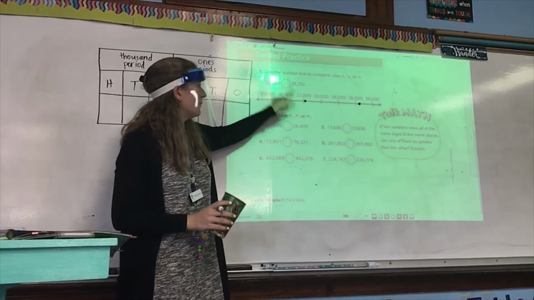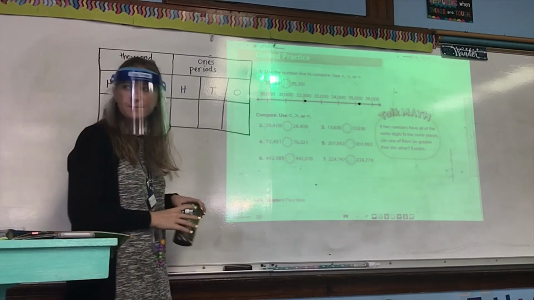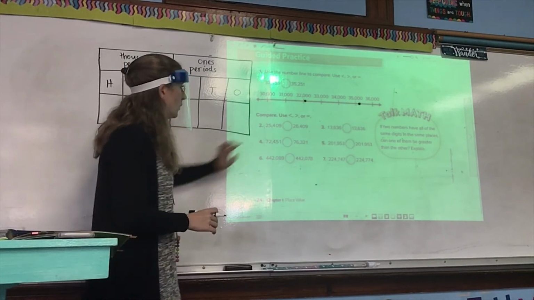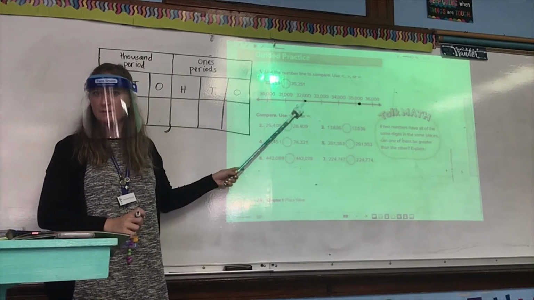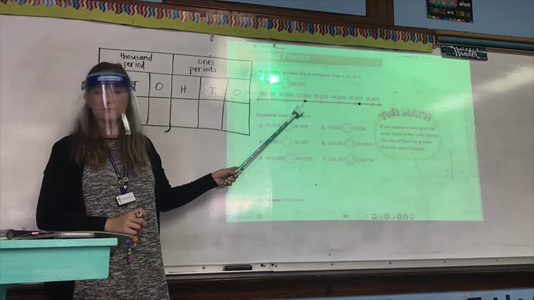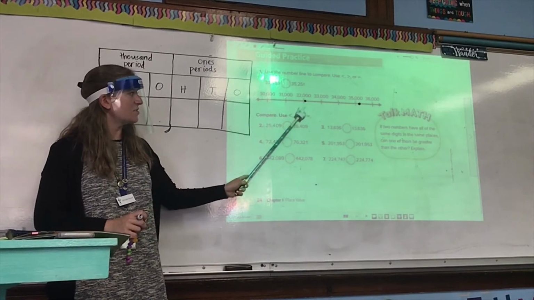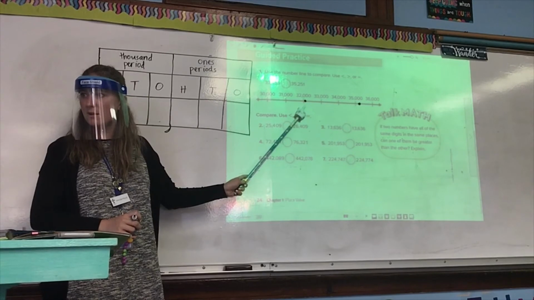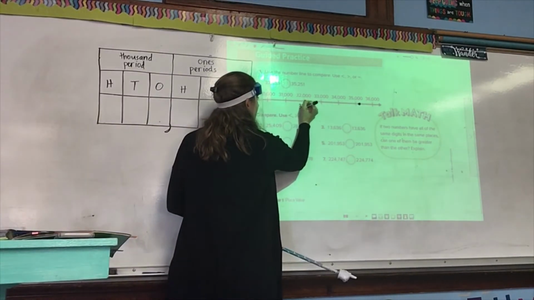Kingston, which of these two numbers does this dot represent? Is it 32,053 or 35,251? 32,053. So let's label it.